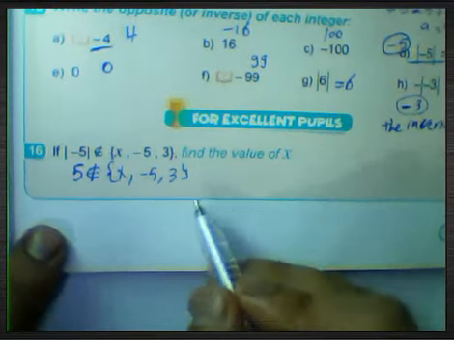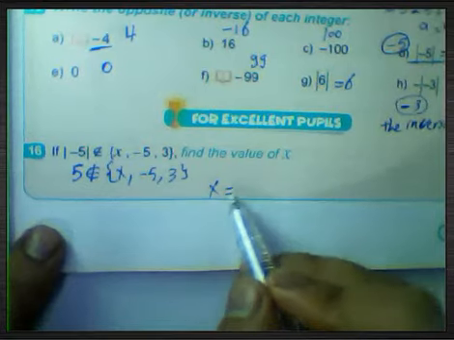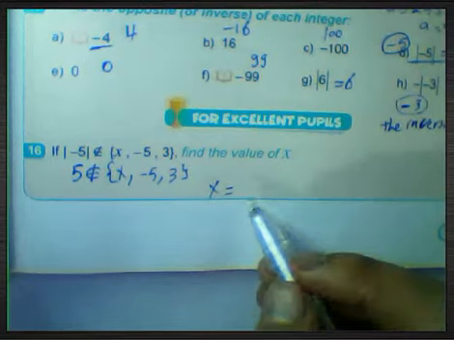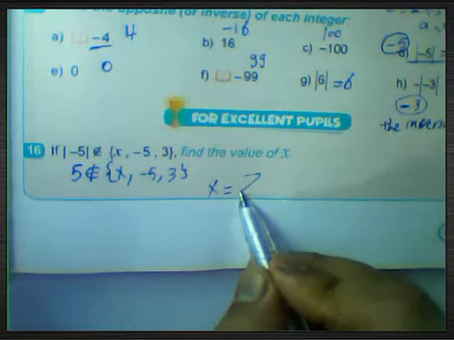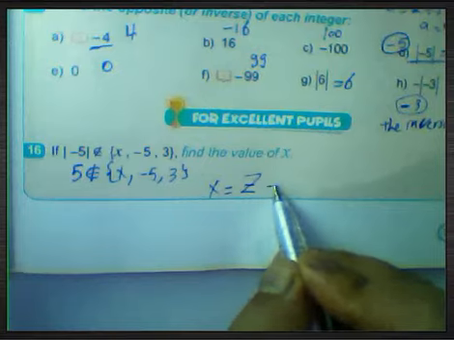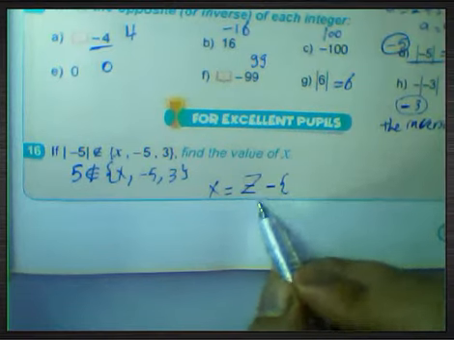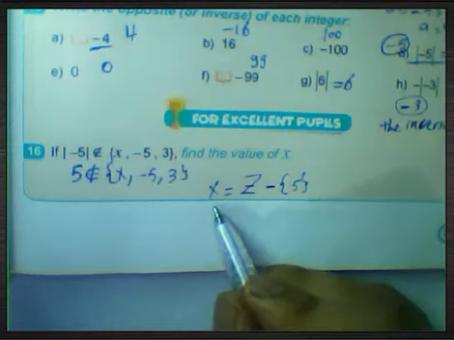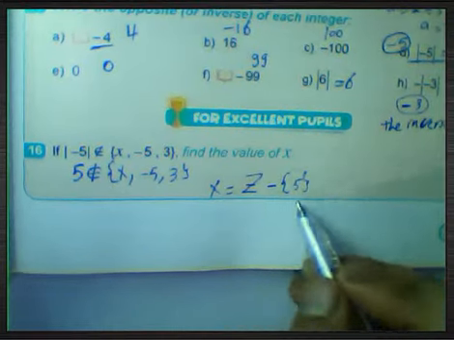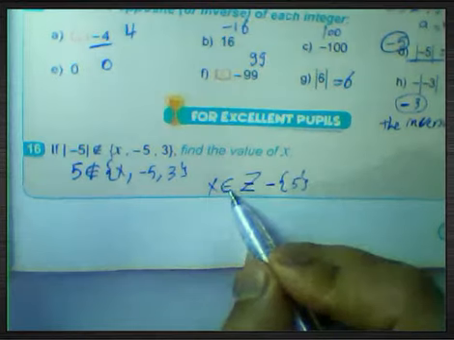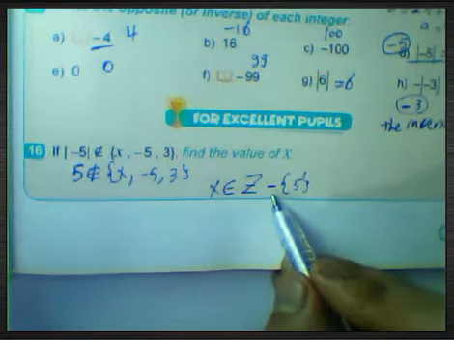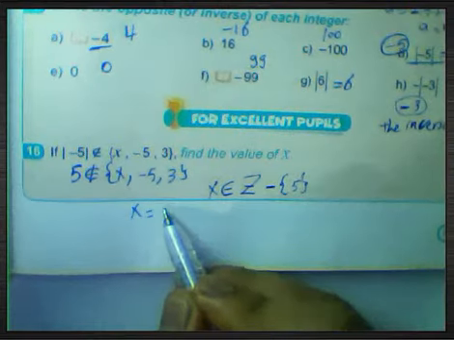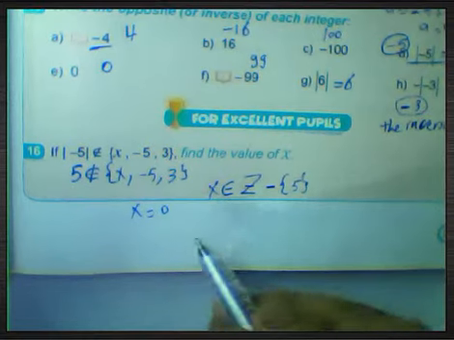He wants to find the value of x, so x will be any number without 5, such that Z subtract 5. So x will be any number belonging to Z subtract the set of 5, such that x will be 0 or 1 or 3.